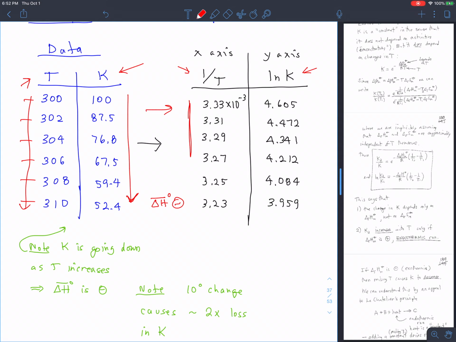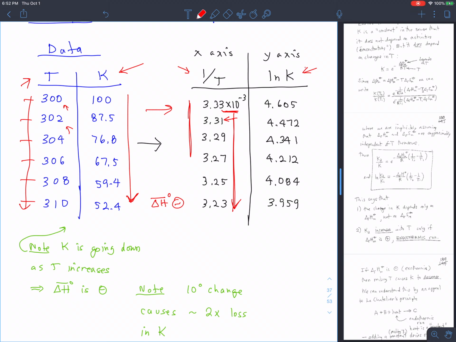Notice that when you take 1 over 300, you get 0.003 actually, and when you take 302, you get something barely different from that, 0.00331, and so on. So things are not changing very much. These are small numbers, and they're also not changing very much. That's characteristic of Van 't Hoff plots, just a heads up or a warning.